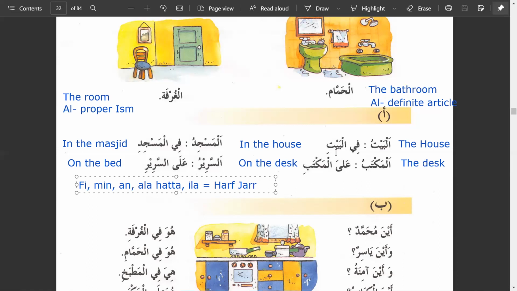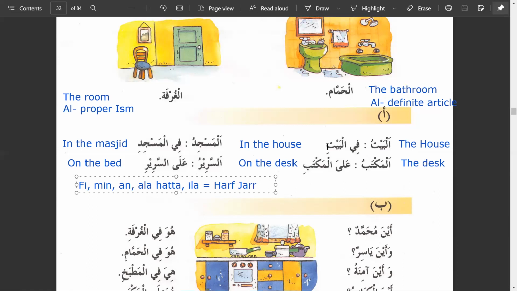Can you see what is going on over here? This was al baytu, and this one is fil bayti.